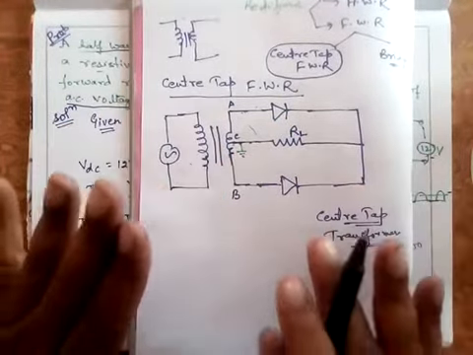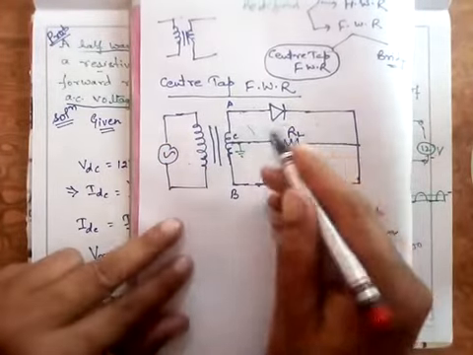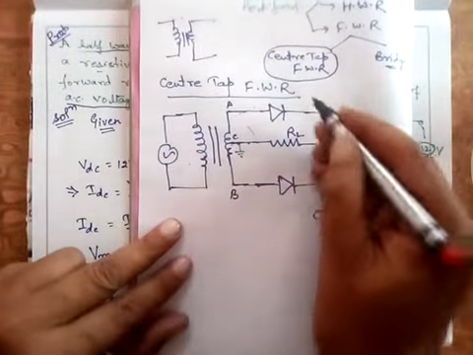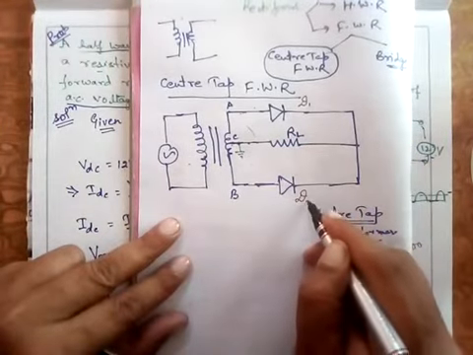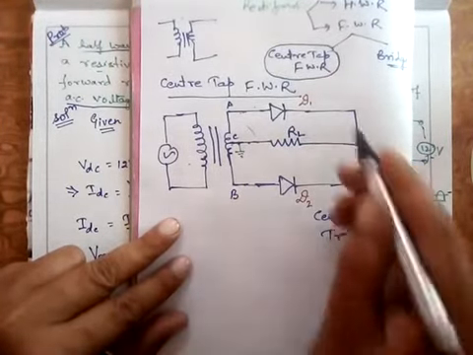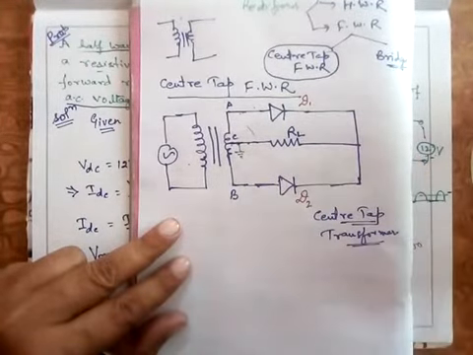So first thing is that. Secondly, there are two diodes. I hope that this center tap transformer is clear to you. There are two diodes which are used in this type of circuit, that is D1 and D2.